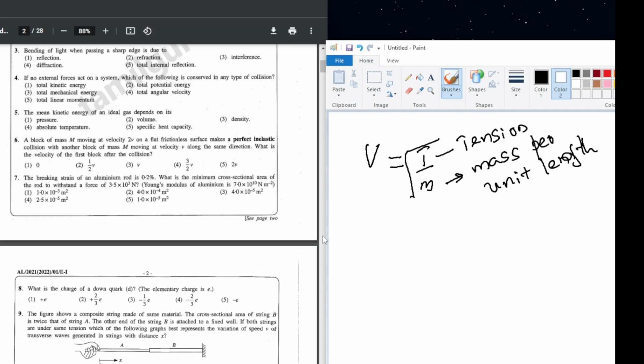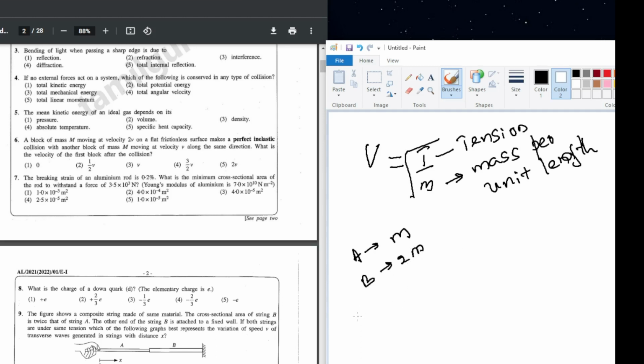Both A and B strings are of equal lengths, so the mass of B is twice the mass of A. That is, mass per unit length of B is twice that of A. If the mass per unit length for A string is m, then for B string it is 2m.